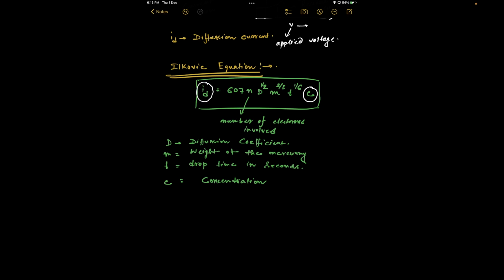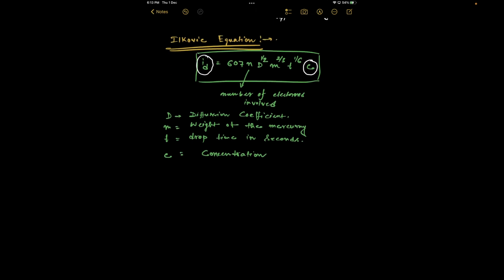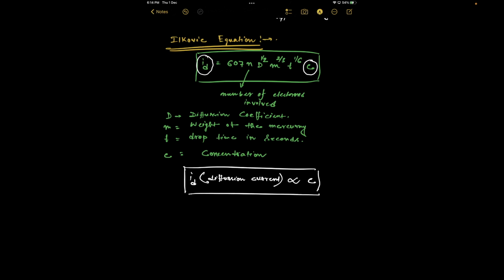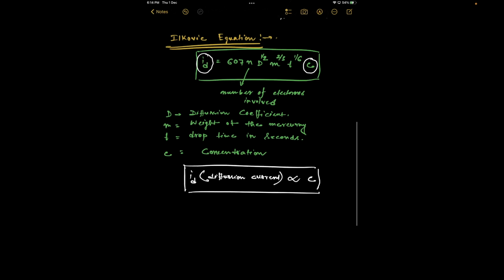So from this equation you can observe that the diffusion current, ID, is directly proportional to the concentration of the substance. This is the main relation we need to remember.